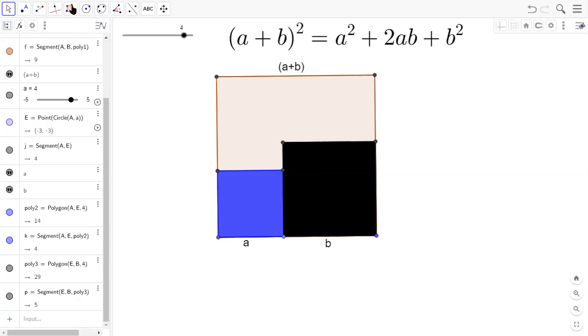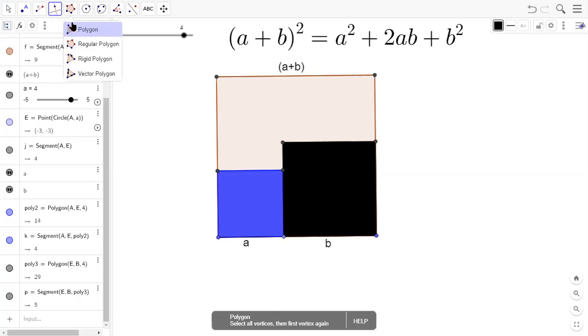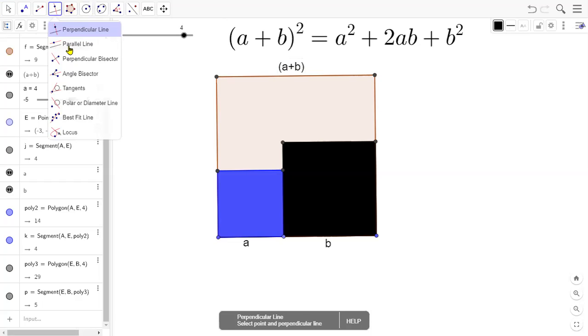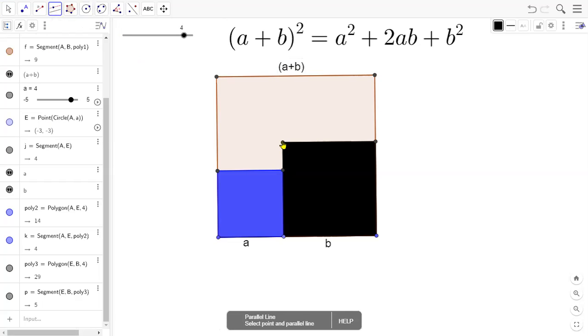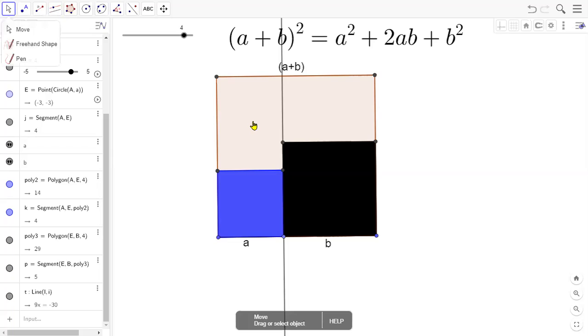I am just going to form two rectangles. Let me draw parallel lines through this point, parallel to this side. These lines exactly divide this whole region into two parts. This is one rectangle, and this is the next rectangle.